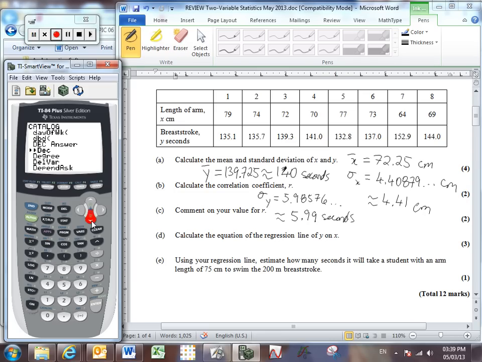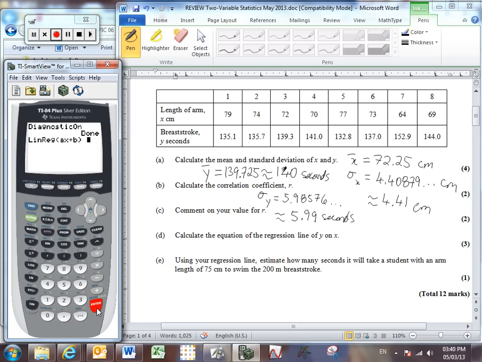And I'll scroll down to diagnostic, on. Okay, diagnostic on, enter. And that accomplishes the same thing. Either way, my stat diagnostic is now on, so now I'm ready to do a linreg, so stat calculate linreg.